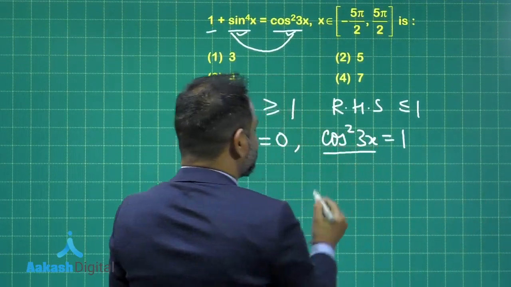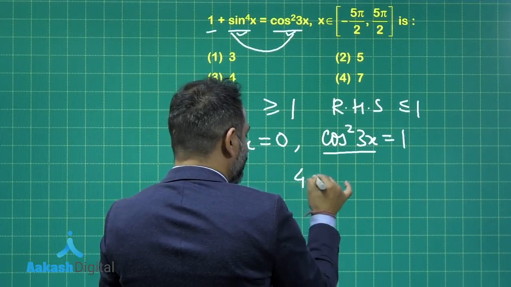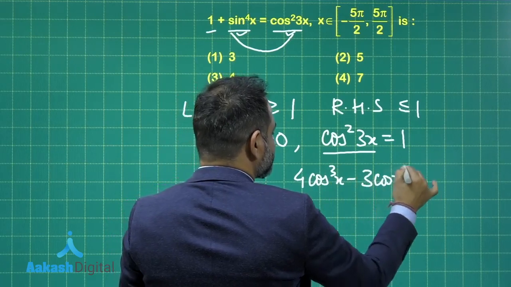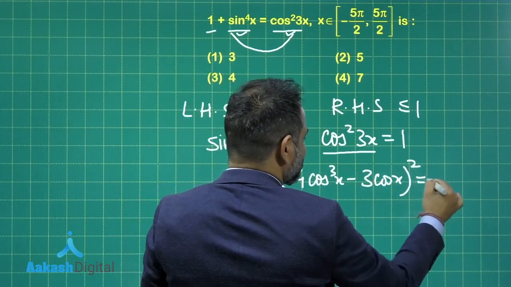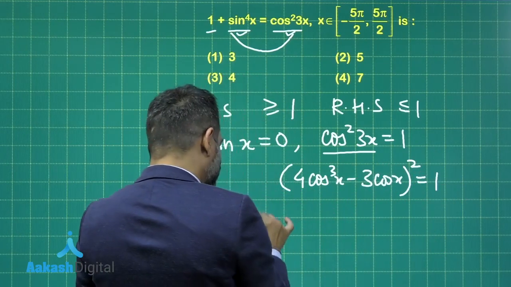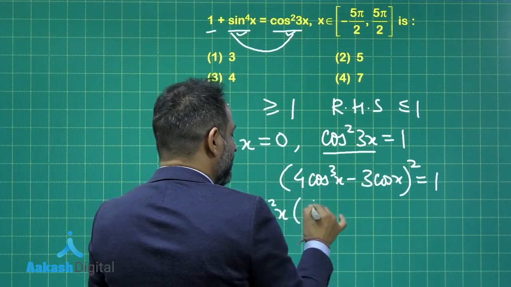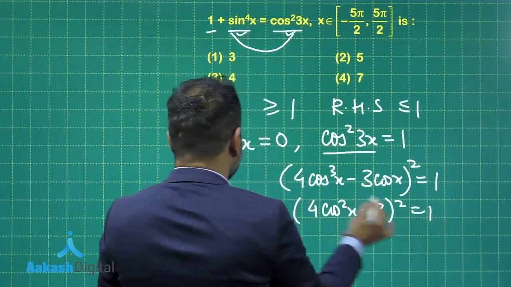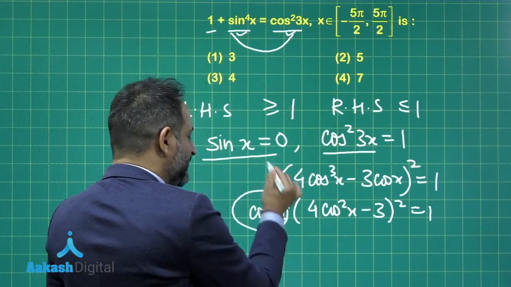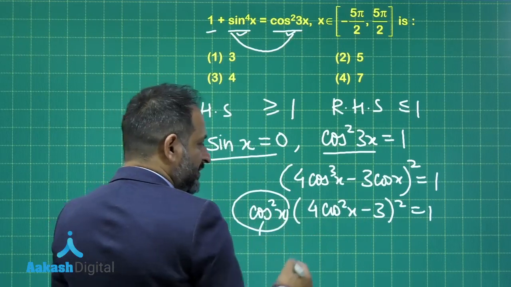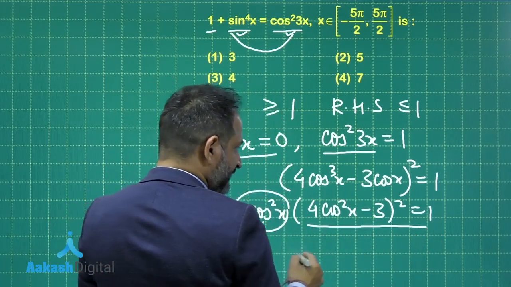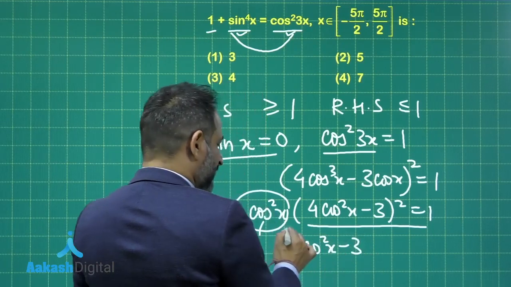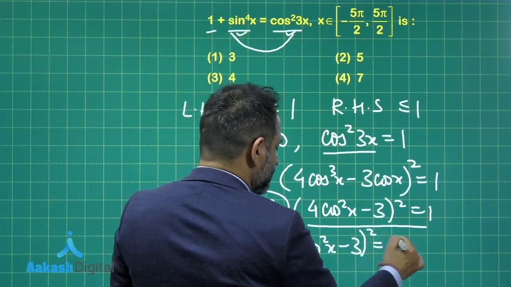If you expand this, we can have 4 cos cube x minus 3 cos x whole square is equal to 1, and again taking cos common here, we have 4 cos square x minus 3 whole square is equal to 1. Now, when sine is 0, this cos square will be definitely equal to 1. So from here we have 4 cos square x minus 3 whole square is equal to 1.